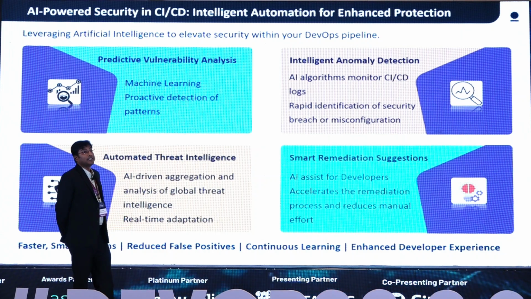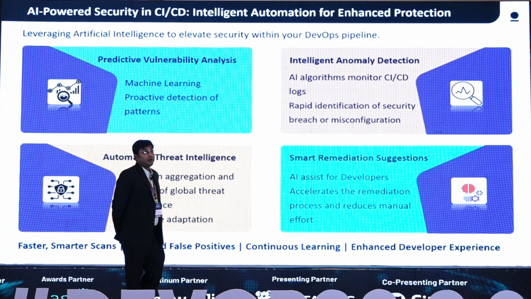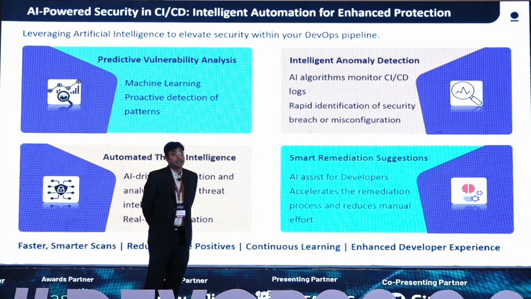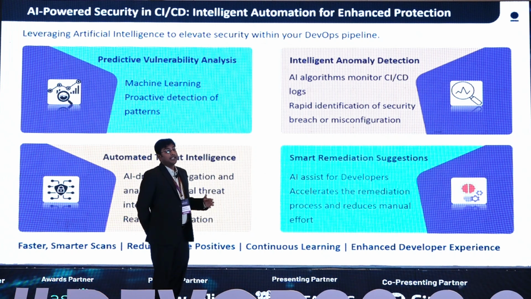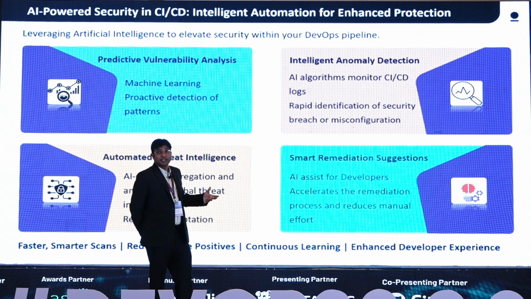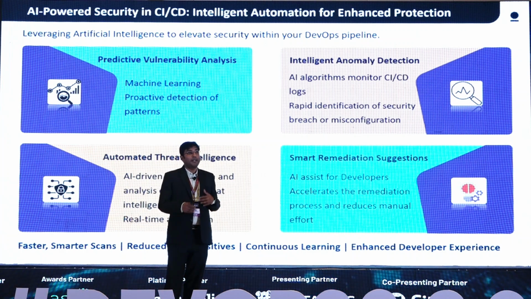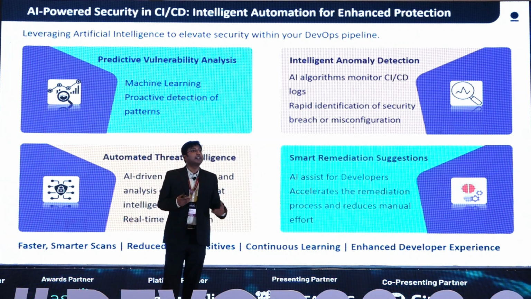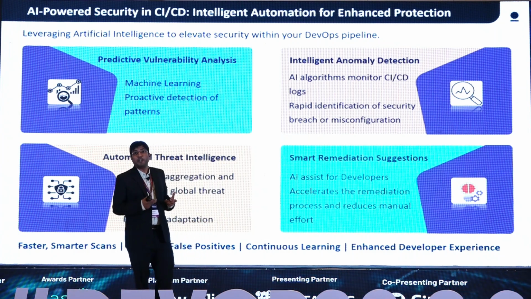Then threat intelligence, automated threat intelligence, real-time adaptation. Now it should automatically understand what kind of issues it generated last time, self-learn, and update all the policies automatically based on the threat detected last time. That way human intervention will not be required.